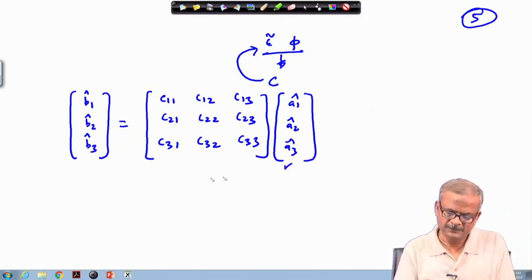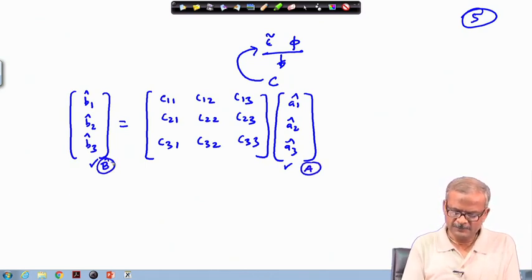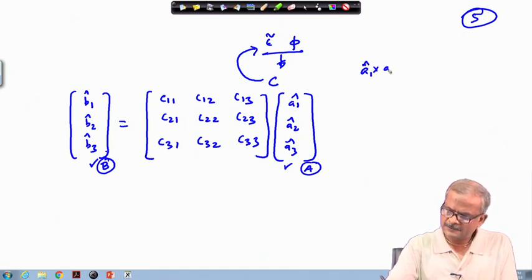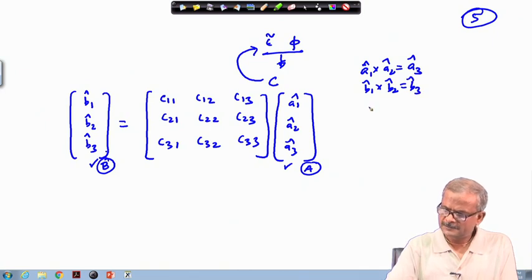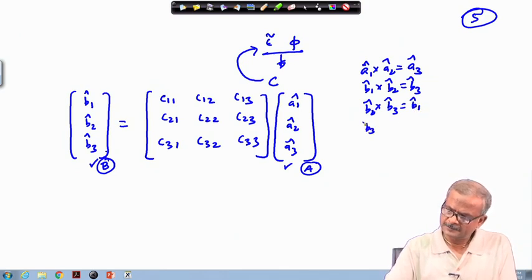So, this is the basis vector, this is another vector, this is in frame A and this is in frame B. So, basis vector for frame B, basis vector for frame A. Also we know that A 1 cross A 2 equals A 3, B 1 cross B 2 equals B 3, similarly B 2 cross B 3 equals B 1 and B 3 cross B 1 equals B 2.